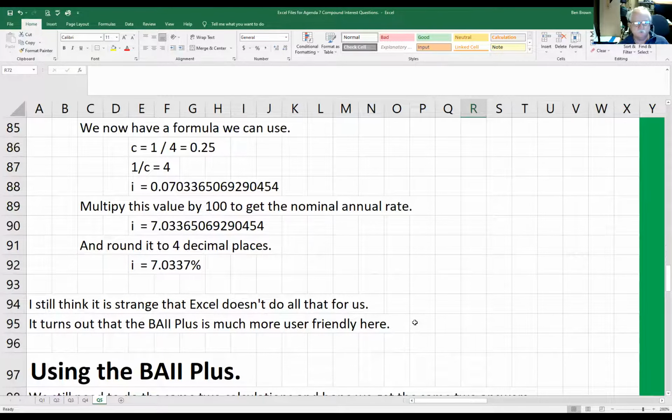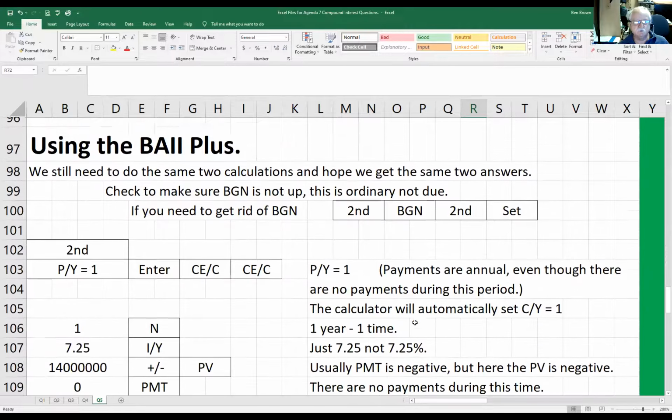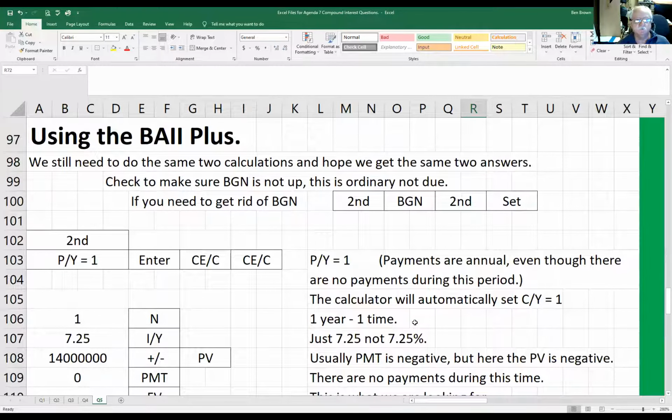So when we do this on the BA2 Plus, the BA2 Plus is much more user-friendly. We don't want BGN. For the first time period, the payments is 1.